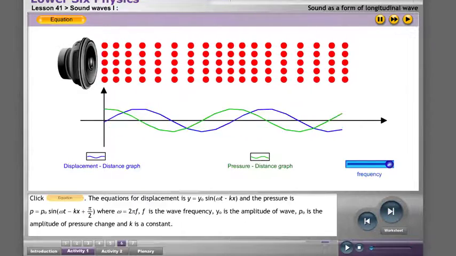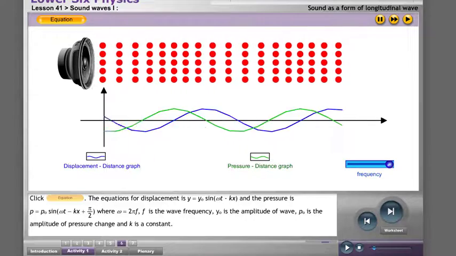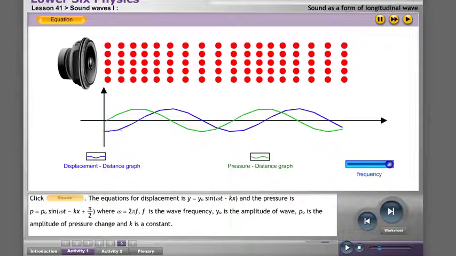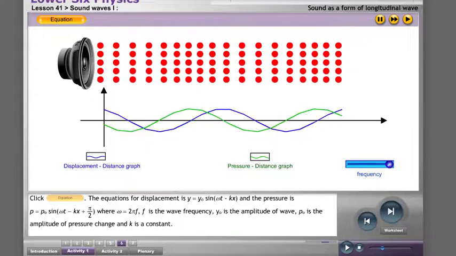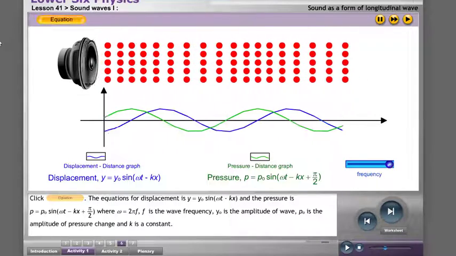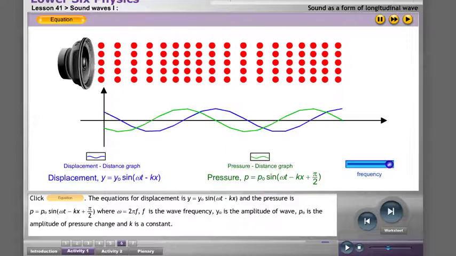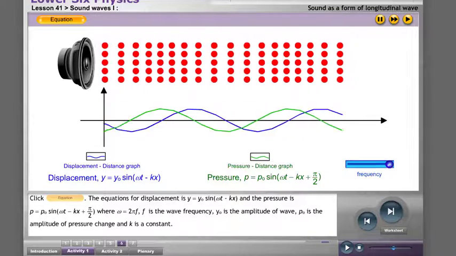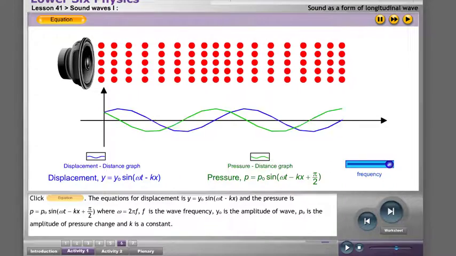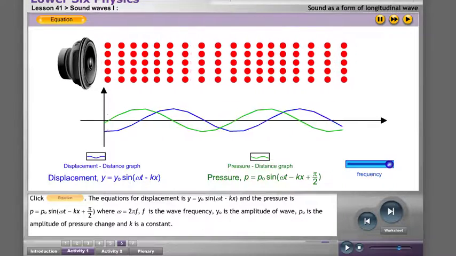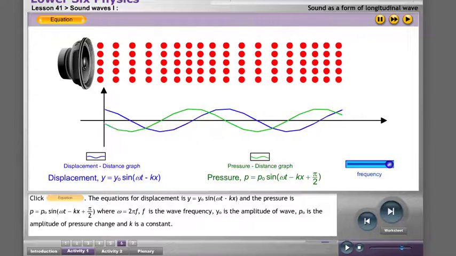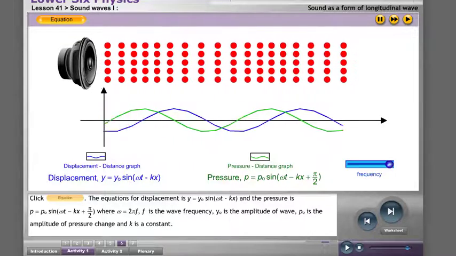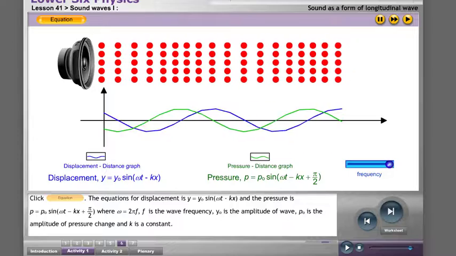Click Equation. The equation for displacement is y equals y naught sine omega t minus kx, and the pressure is P equals P naught sine omega t minus kx plus pi over 2, where omega equals 2 pi f. f is the wave frequency, y naught is the amplitude of the wave, P naught is the amplitude of pressure change, and k is a constant.